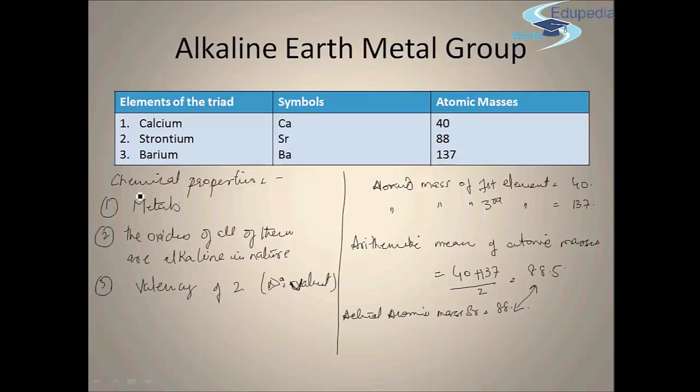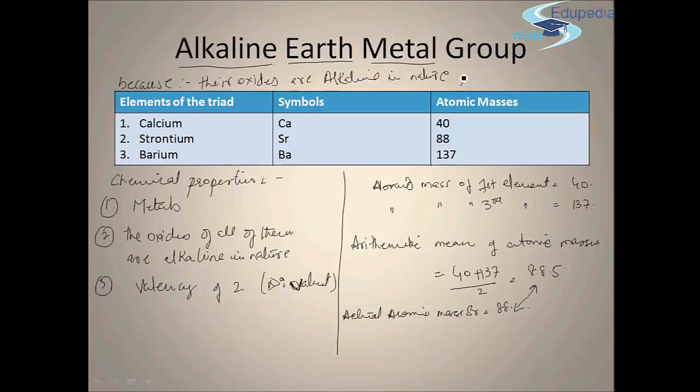So now friends, please note that these three elements are called alkaline earth metals because their oxides are alkaline in nature, which actually exist in the earth.